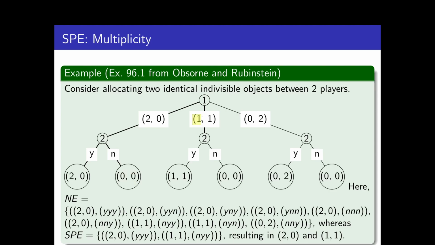So the second option, if player 1 says, let us each get one object, player 2 can say yes, and that's what happens, or she can reject that, and then nobody gets an object. And the last option is that player 1 can say, okay, I get nothing, you get both objects, and even then player 2 has two options. Yes, and then that's what happens, or no, and then nobody gets anything.